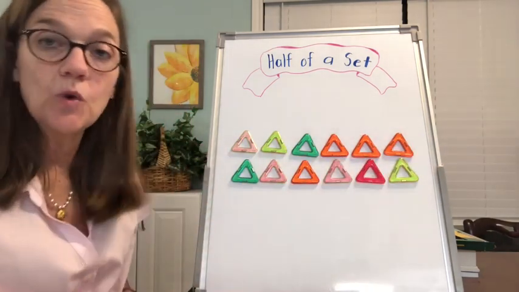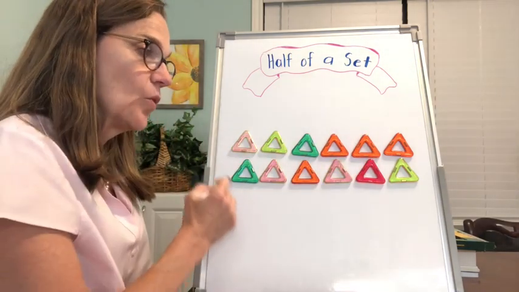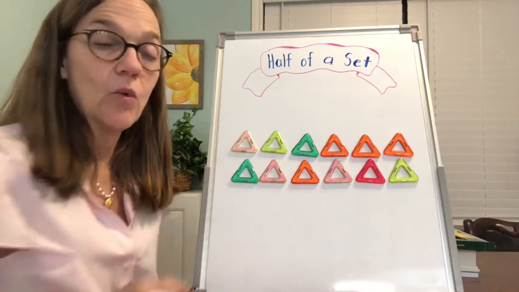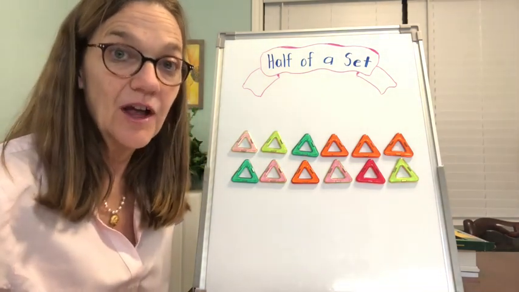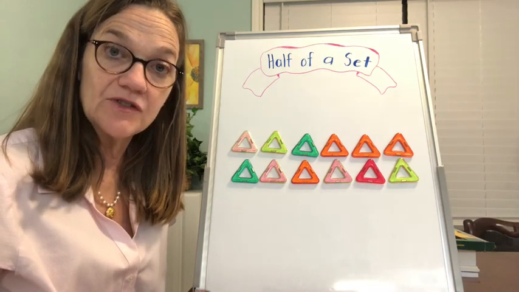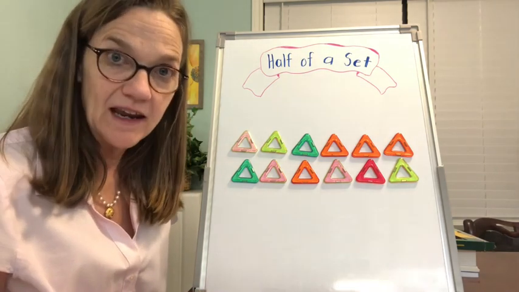Okay, there's 12 triangles there. Okay, right now it's one big set. But we know that 12 is an even number because it ends in a 2. And if there's an even number in the ones place, then the whole number is even.